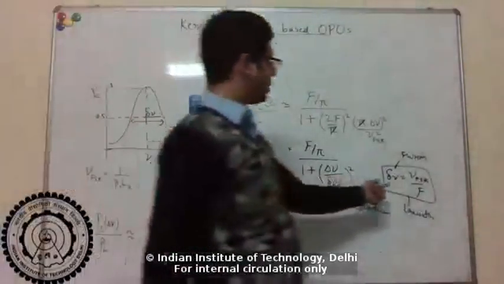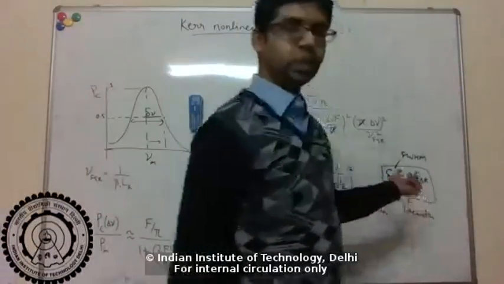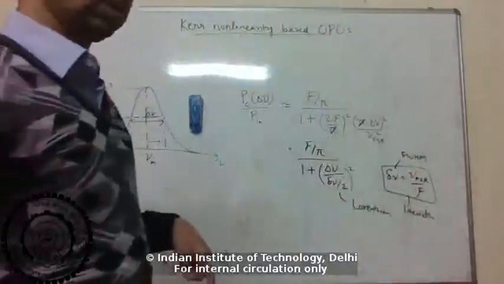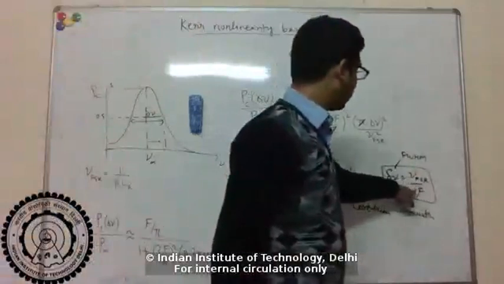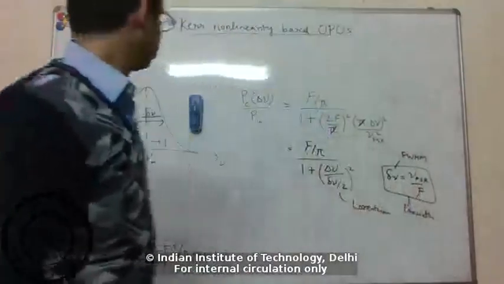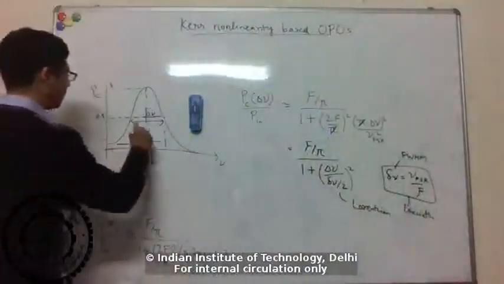Right? So again you can see that if I have a high finesse, which means low loss, low mirror transmittivity, low loss in the cavity, then finesse is very high, which means that this line width is very small. So a good cavity will have a very narrow line width.